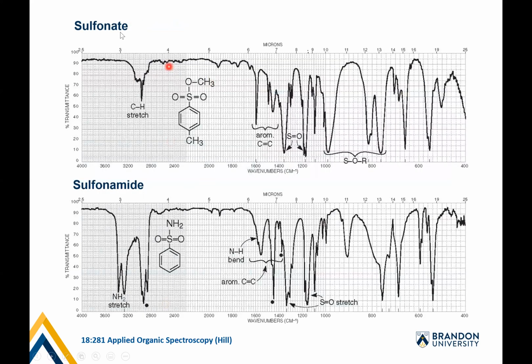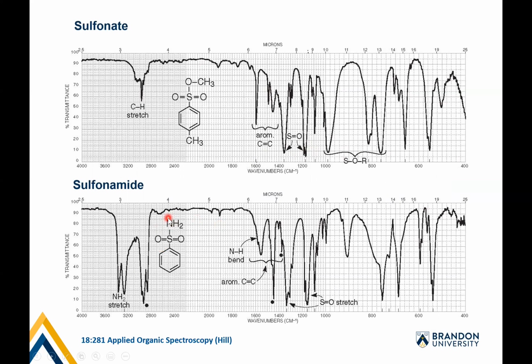So here are some examples. Sulfonate: this is an aromatic sulfonate, so you're looking for the typical aromatic overtones and out-of-plane bends, that sort of stuff. Your 2 SO stretches, and this is the SOR stretch here.